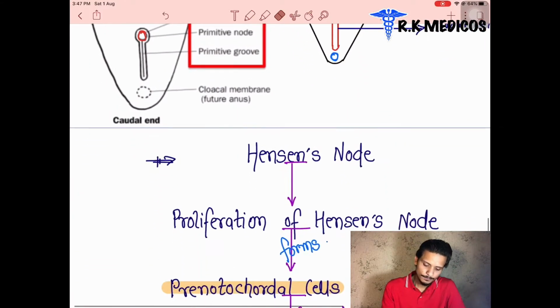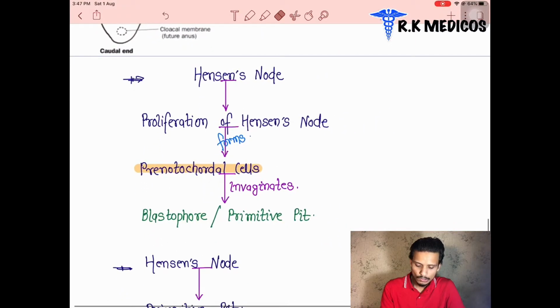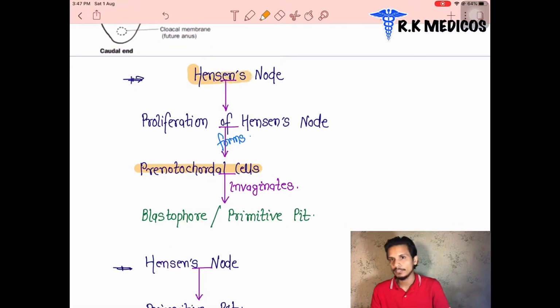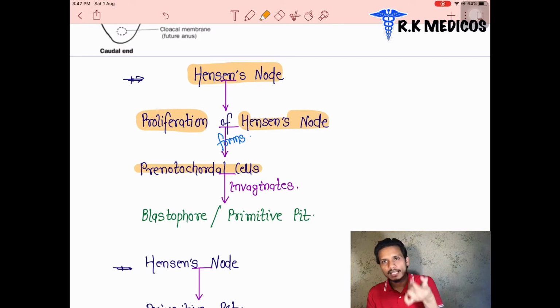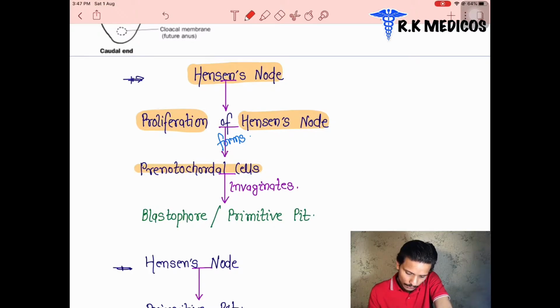Now you can see there is Hensen's node, the developed thickening part of what? That is the primitive streak. After Hensen's node is formed, this Hensen's node is going to proliferate, and after the proliferation of Hensen's node, cells form. Those cells are called pre-notochordal cells.